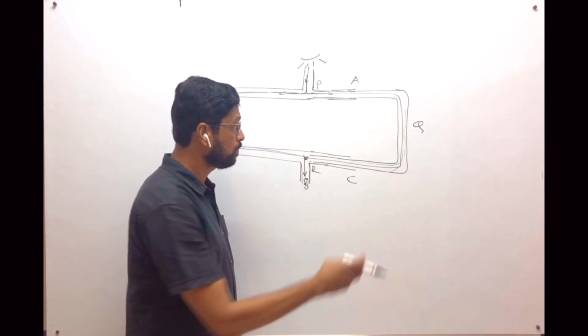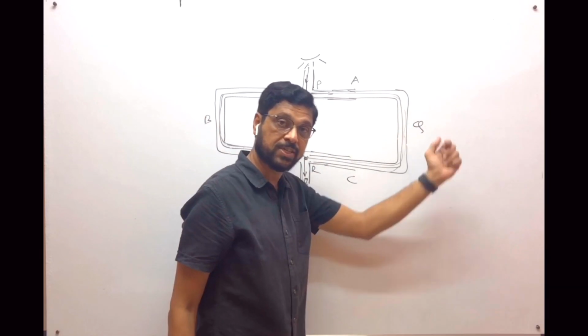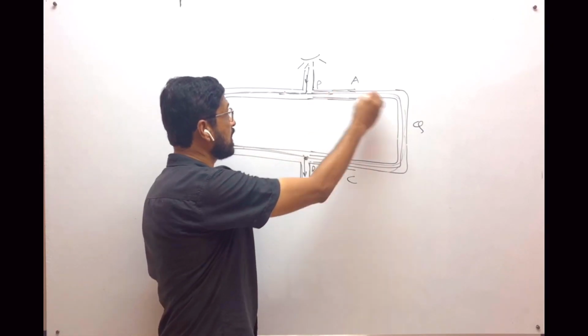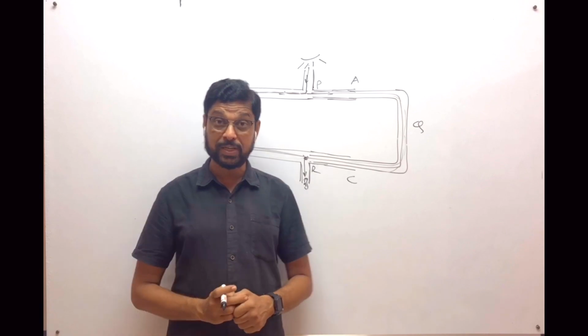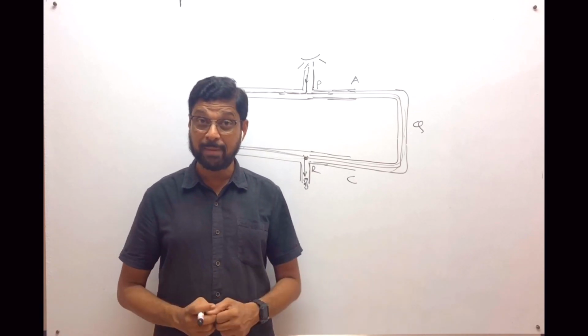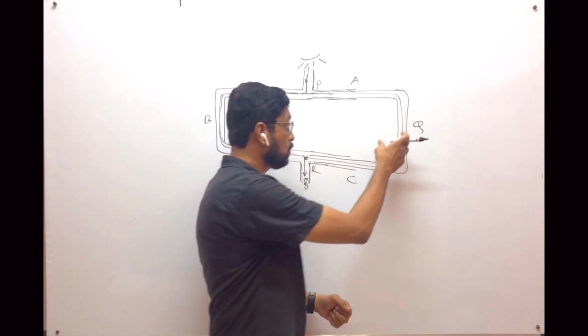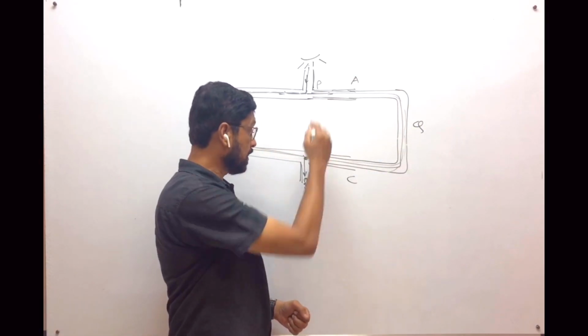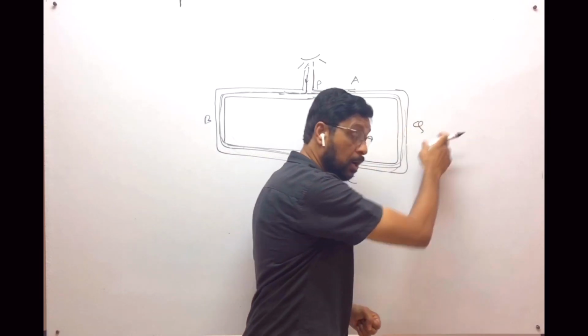Then what you do? You pull this tube out. इसको बाहर खींचेंगे, so that these two distances will change. When the distances will change, now what will happen? There will be no constructive interference. इसको खींचते जाओ. There is no constructive interference, तो आपको जोर की आवाज नहीं सुनाई दे रही है. इसको खींचते जाओ.